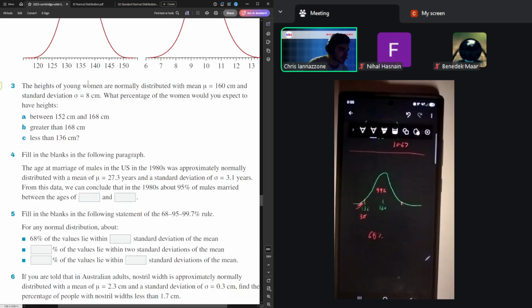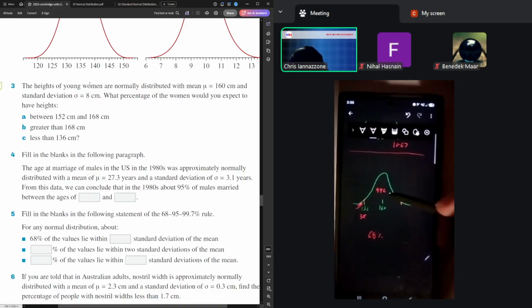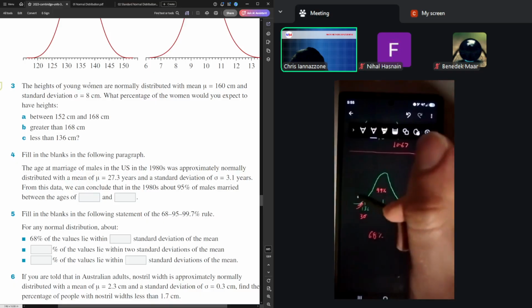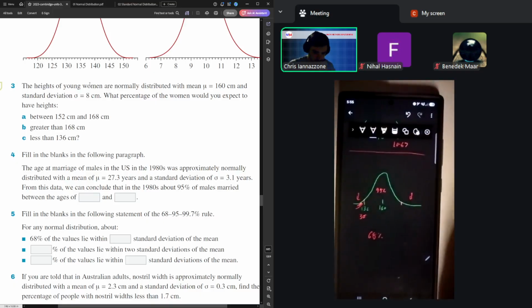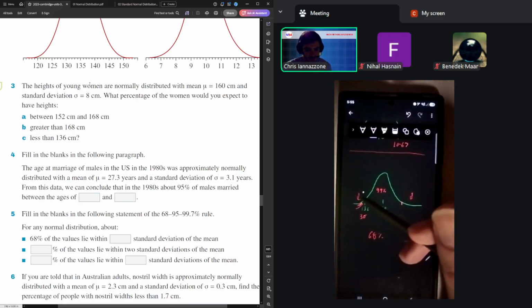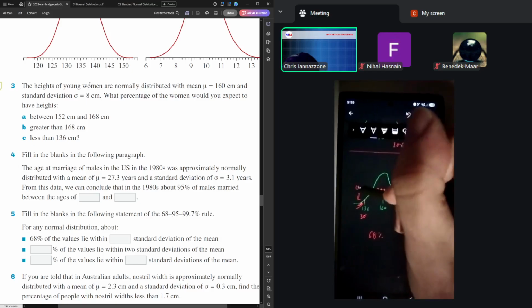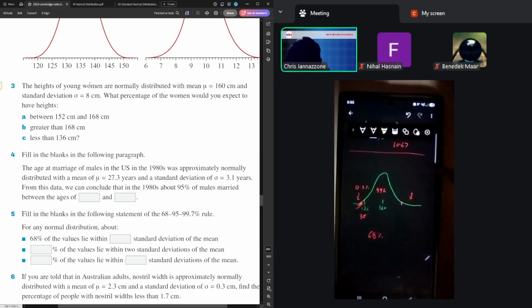If 99% of the total area is between 3 standard deviations, then the remaining 1% must be equally shared either side of that. So if 1% has to be shared equally either side of it, that leaves 0.5% for the bit that we particularly care about, which is left of 3 standard deviations. 0.5%.